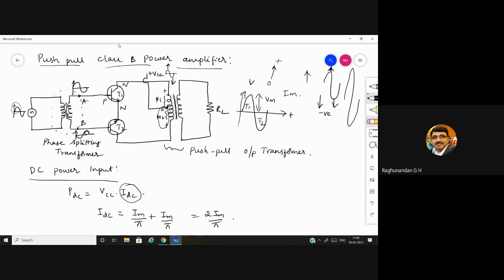On substituting this, we get PDC is equal to VCC into 2 Im by pi, that is 2 by pi into VCC into Im. So this is the PDC formula. Take this as equation number 1.